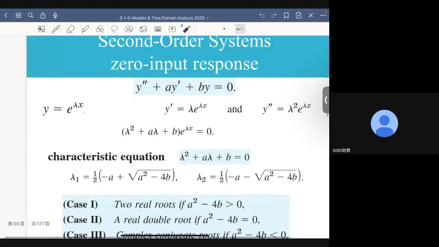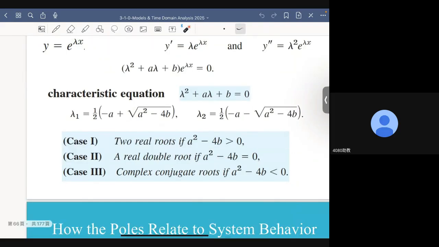All right, so we need to determine the roots of this second order polynomial, okay? I'm pretty confident that you have learned how to solve this polynomial before, probably in your junior high school, right?